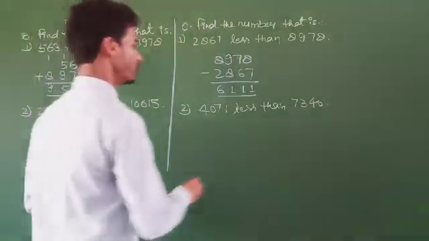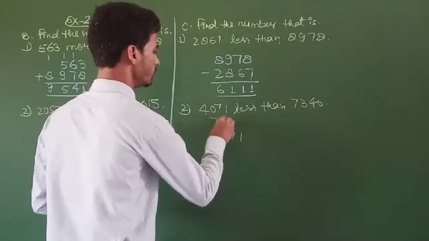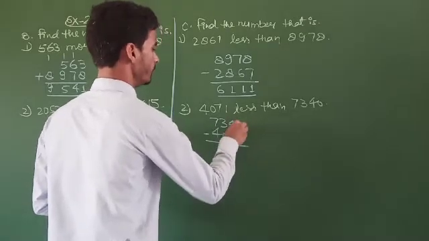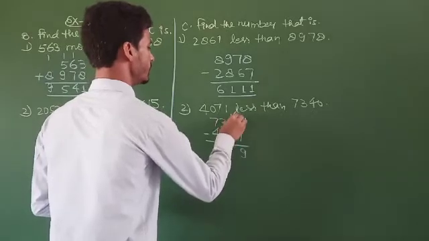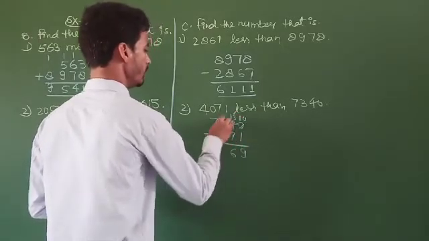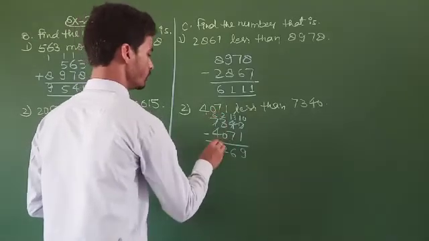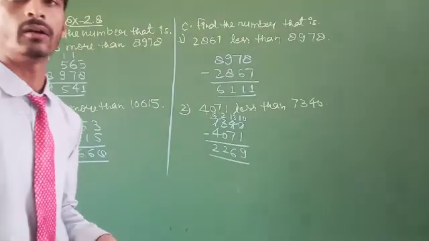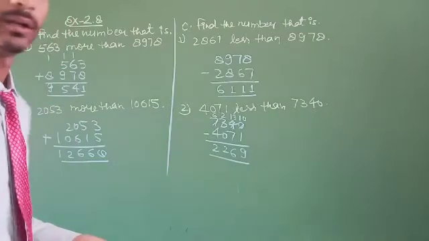When we subtract 4071 from 7340, that is 10 minus 1, 9; 13 minus 7, 6; 2 minus 0, 2; and 6 minus 4, 2. That is 2269.